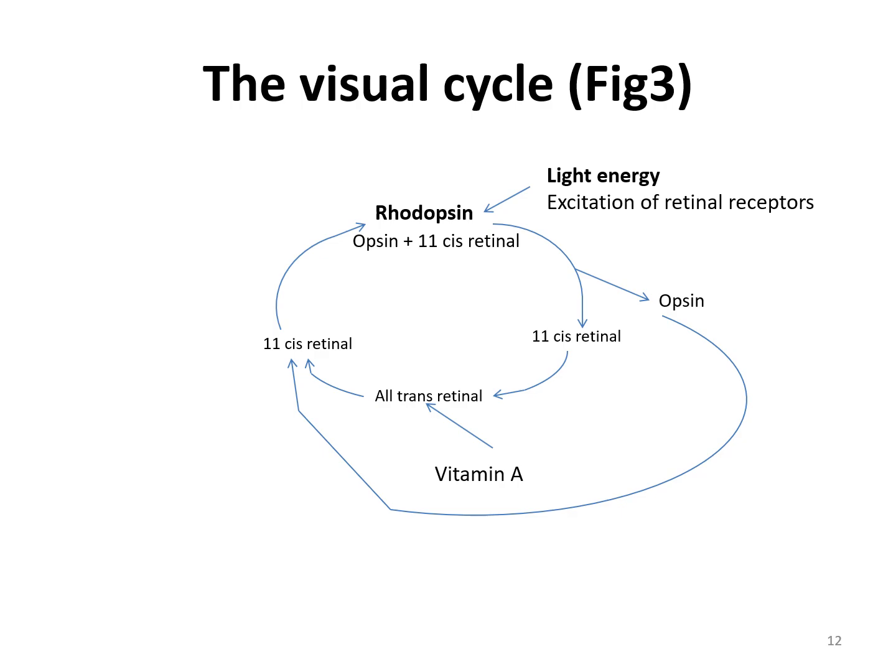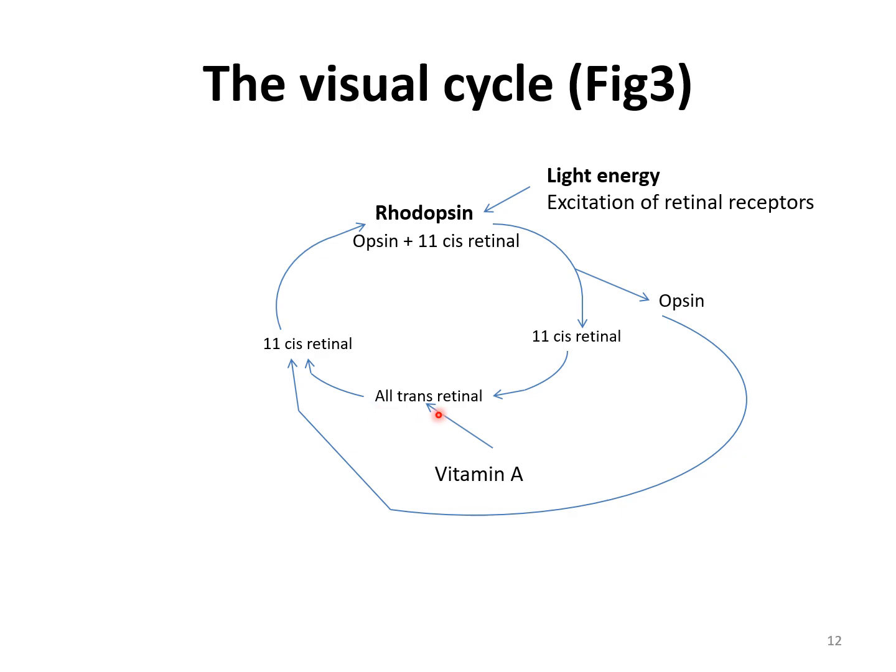This figure shows the visual cycle. On excitation of the retinal receptors by light energy, the rhodopsin, which is present in the receptors, breaks into 11-cis-retinal and opsin. The 11-cis-retinal, through many intermediate processes, changes into all-trans-retinal, which is responsible for the impulse generation.